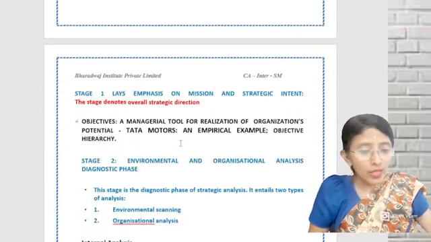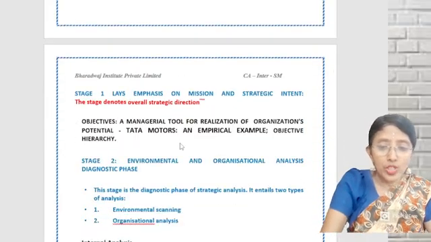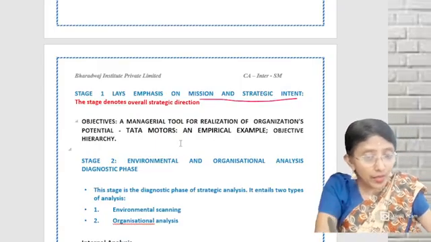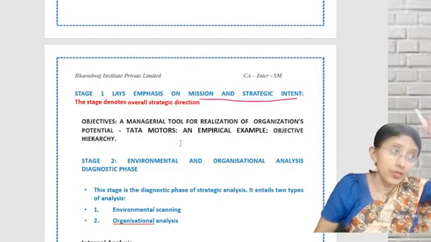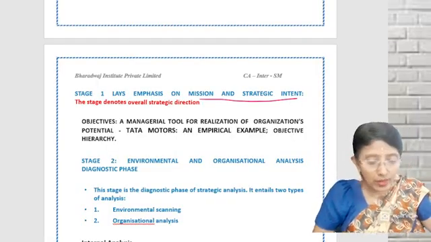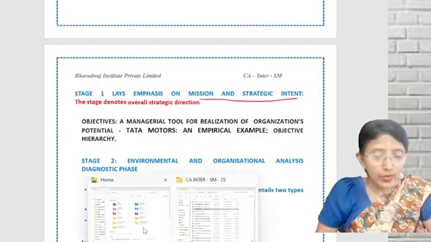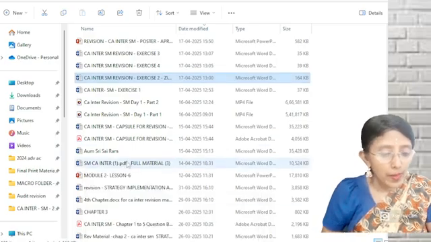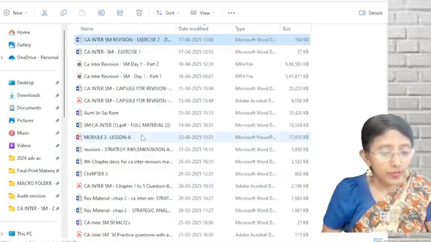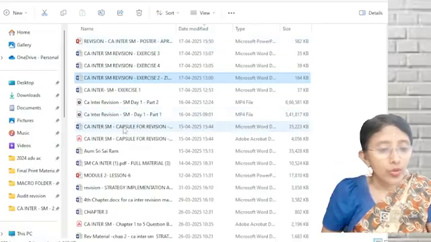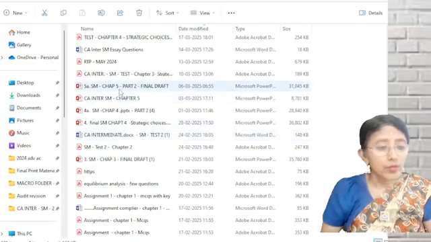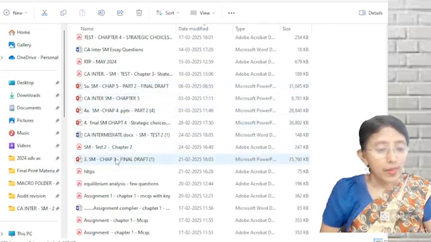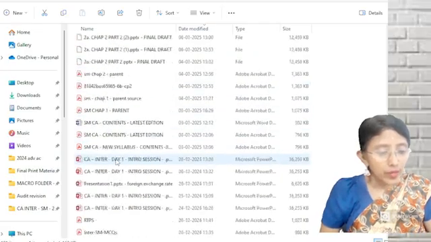Okay, so what is this? You are going to stage 1, mission and strategic intent. Here I have not noted it because in our PPT slide it is there, and in our first topic it is there. Okay, I will just show you my SM5. I want you to have this SM5 chapter. Where is my 5?